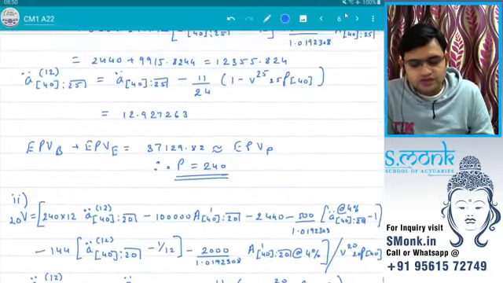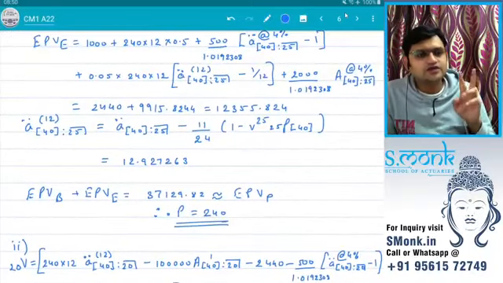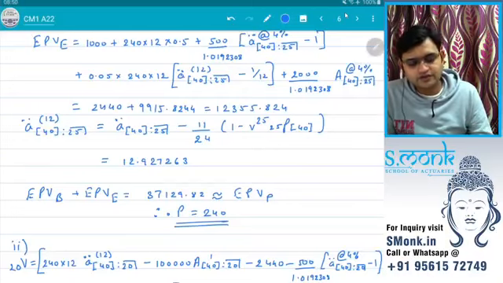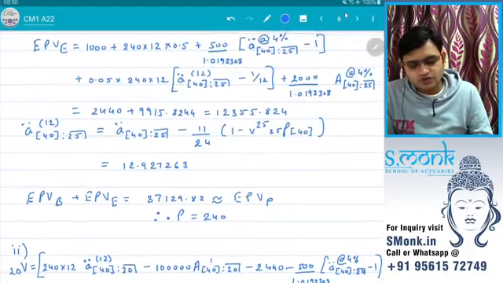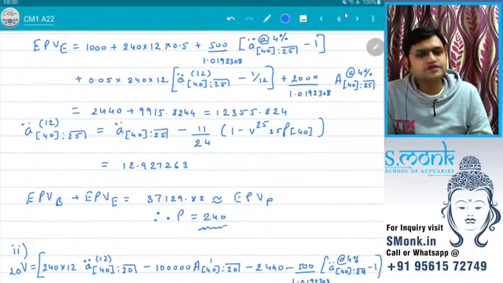And you know that, let's say they asked us to calculate the premium. Okay, find the premium. Then we would not have even known whether this was correct or not, right? If we were supposed to find the premium, P was unknown, so we would not have known whether this is correct or not. We don't have any way of checking whether we did everything correctly or not.